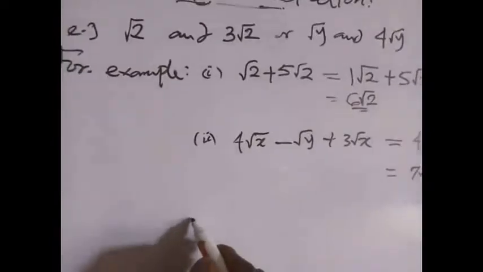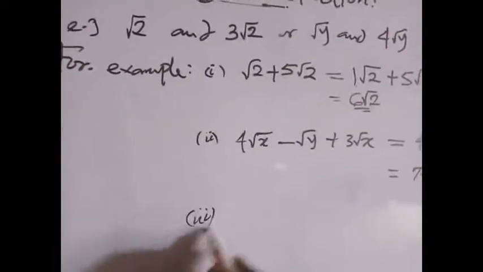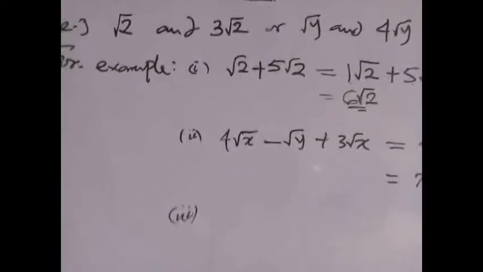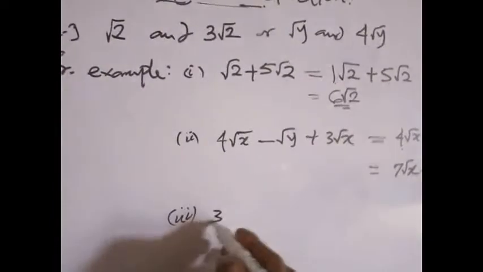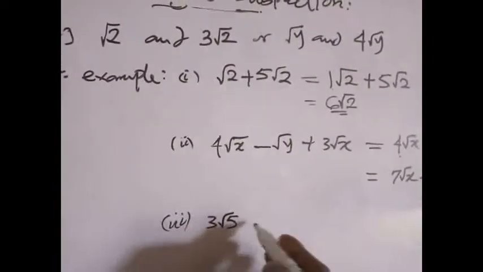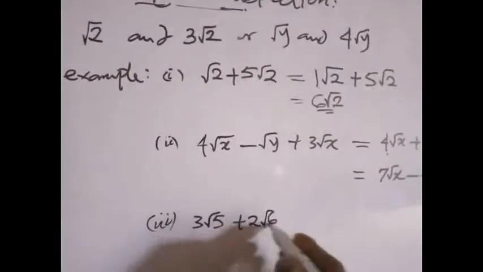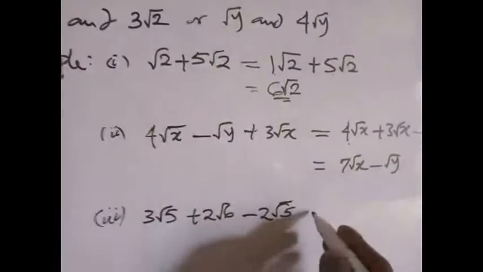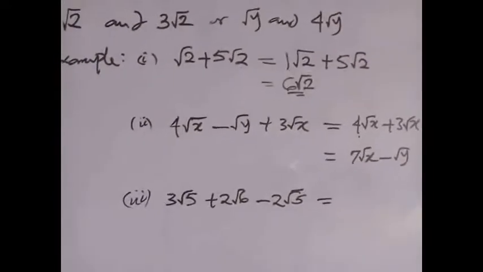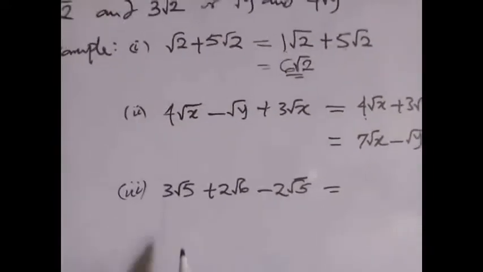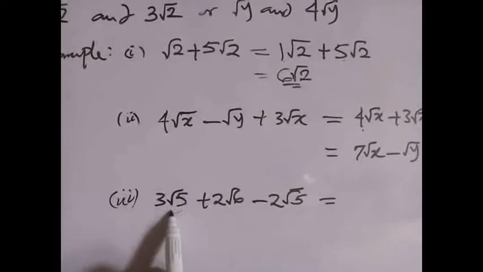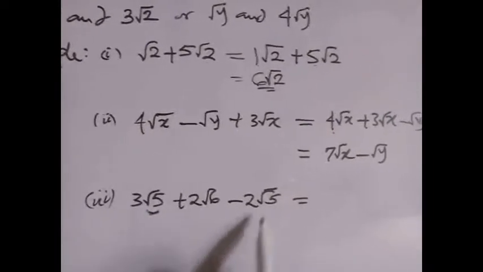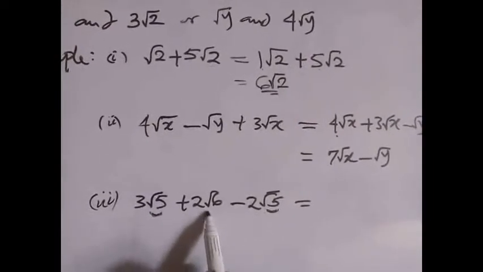Then let's look at another one. Let's call it example 3 on addition and subtraction rule. If we have root 5 plus 2 root 6 minus 2 root 5. When we are dealing with something like this, we need to look at the like terms. This is the element that has root 5. This is another one that has root 5, but this one is root 6.